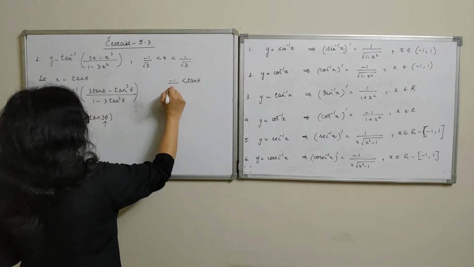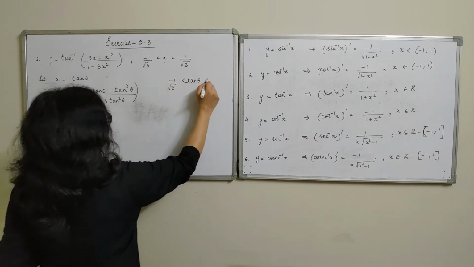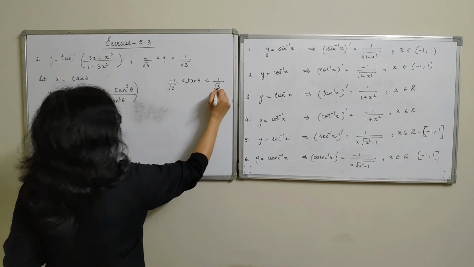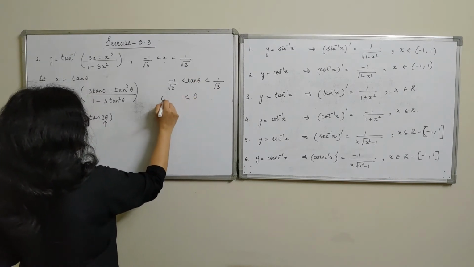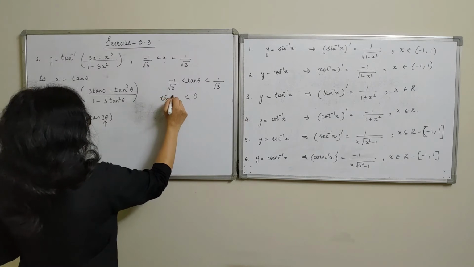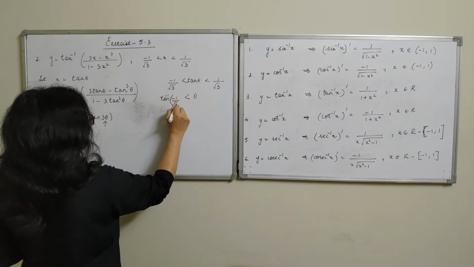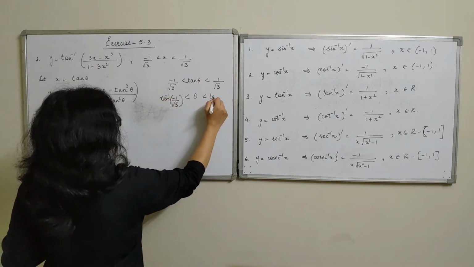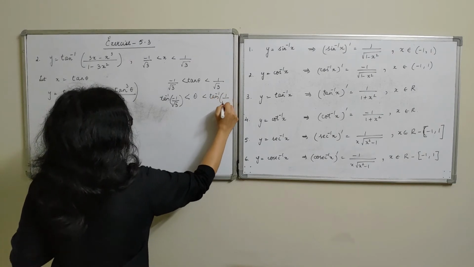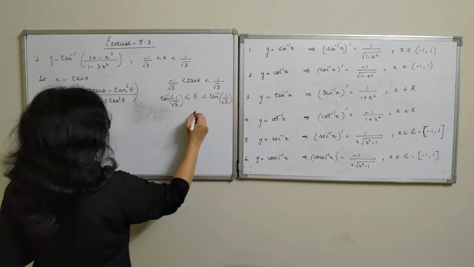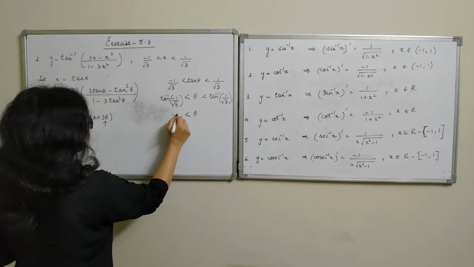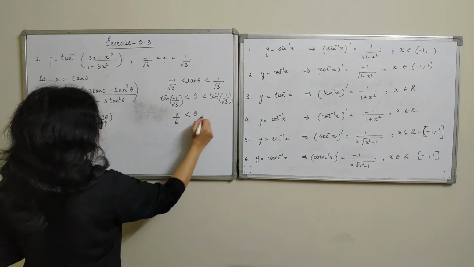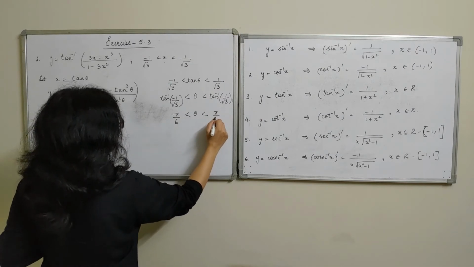Tan theta is greater than minus 1 by root 3, less than 1 by root 3, because tan theta is an increasing function. So we can write it down as tan inverse minus 1 by root 3. Here is tan inverse 1 by root 3. So since we know how to find our principal branches, this value is minus pi by 6. Here it is plus pi by 6.